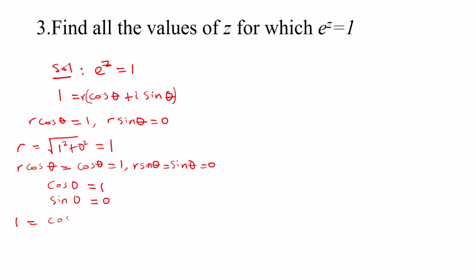So we can write that 1 is equal to cos 0 plus i sin 0. Likewise, the 0 can be written also as 1 equals cos 2 pi k plus i sin 2 pi k, where k is an integer.